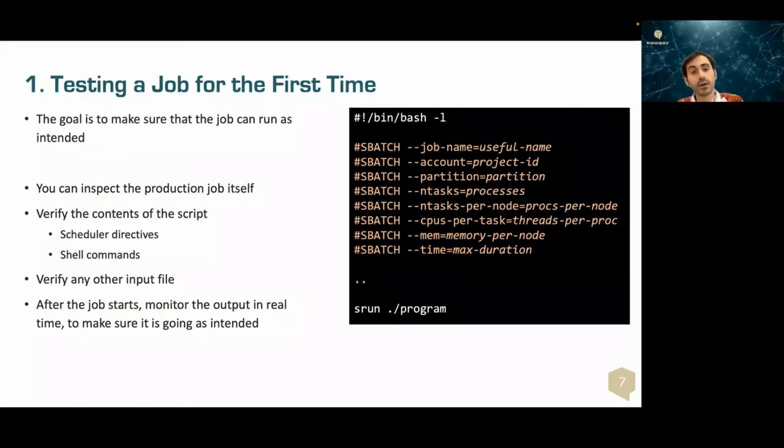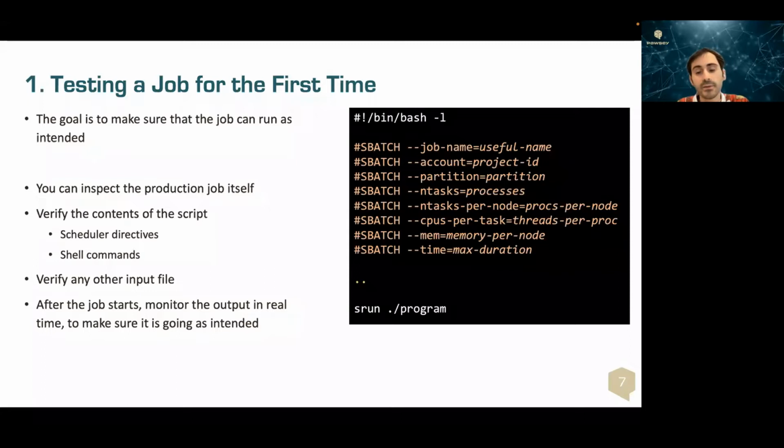Now there's a second way of running these test runs, which is not currently written down here in the slide. If the production run is very large, it might take a while until the scheduler executes it. So if your intent is just to test the correctness of the setup and syntax, you can actually schedule the job with a shorter wall time, and if possible with a smaller resource request.